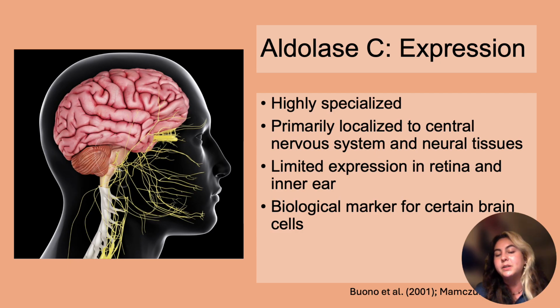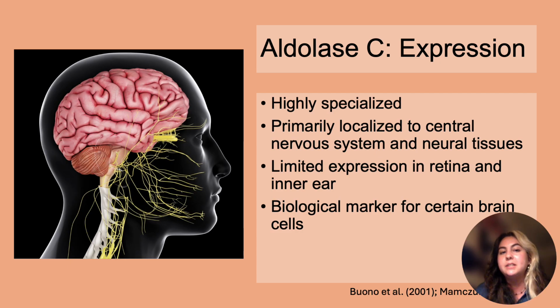It does see a limited expression in the retina and the inner ear. It's going to see expression in all major retinal cell types, and in the inner ear, it's going to be found in the sensory epithelium and the ampullas of the semicircular canals.